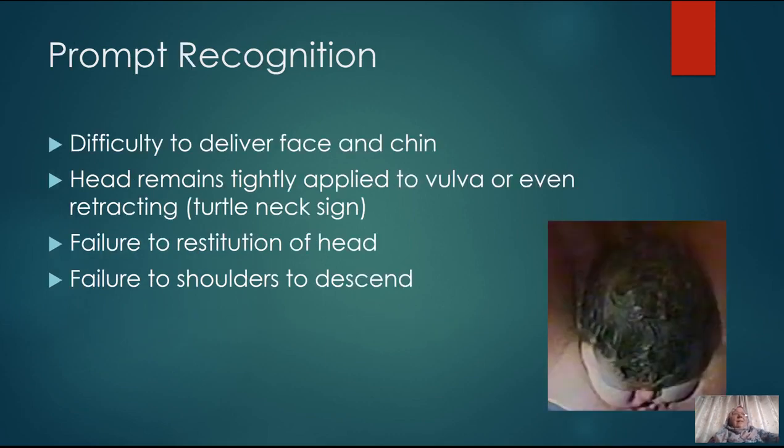So this is concerning the prompt recognition, and here you can see a picture of a mother who actually has a shoulder dystocia there. You can see how the head is there between the legs, and how it does not move anywhere, and it doesn't come out anywhere near.